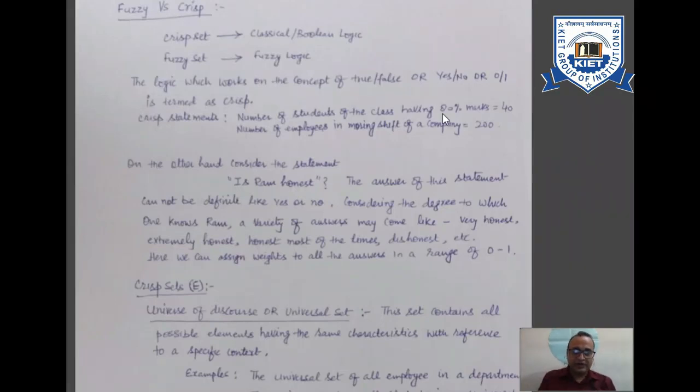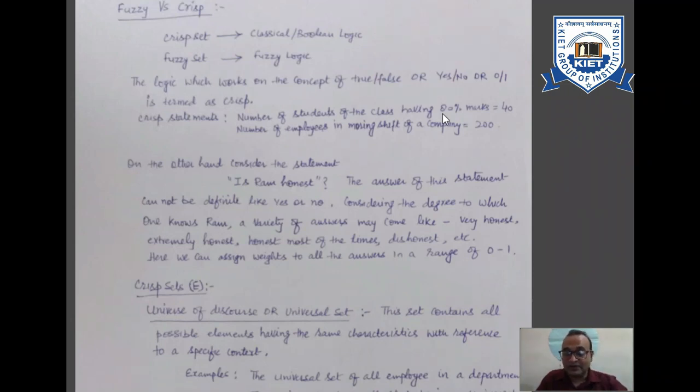Now on the contrary, consider another example. Say the example is: is Ram honest? I'm telling you something, and it's a question to you: is Ram honest? It means some degree of honesty comes into the picture.